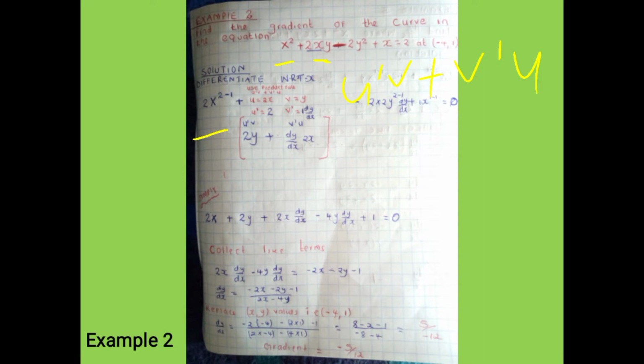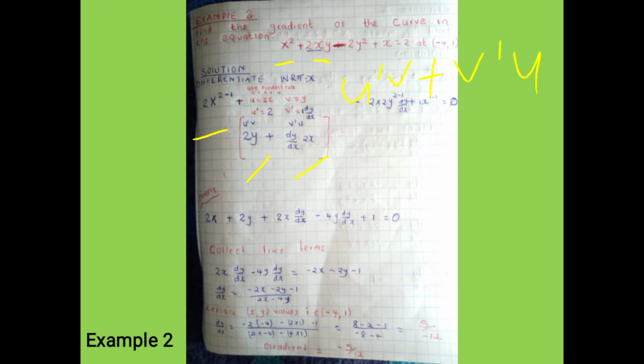Let's see. u is 2x, so u' becomes 2. v is y, v' is 1 dy dx. So u' v becomes 2y, and v' u, which is dy dx, times 2x.